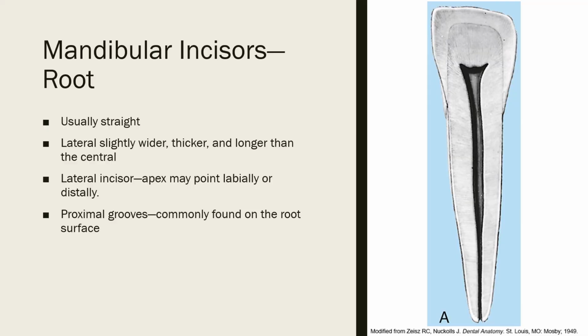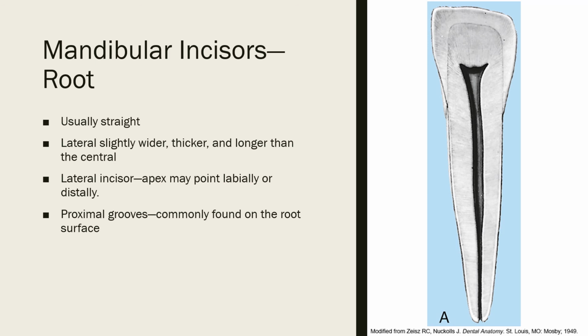All right, let's talk a little bit about the mandibular incisor roots. The root of the mandibular incisor is usually pretty straight. The root of the lateral incisor is going to be slightly wider, thicker, and longer than the central. So again, bigger tooth, bigger anatomy, right?